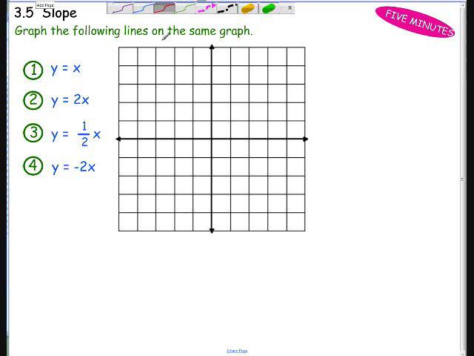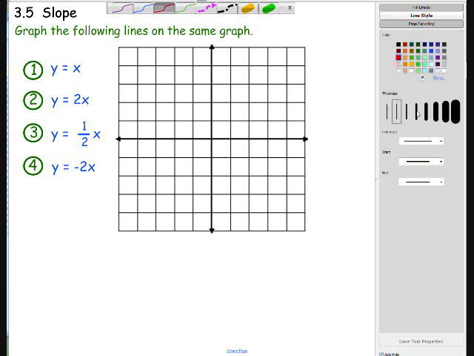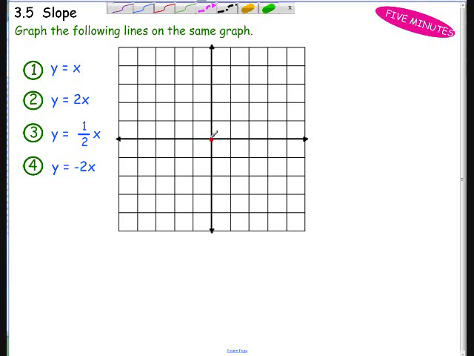Graph the following lines on the same graph. Well, let's go for it. Y equals x. Well, we have an intercept right here. True.